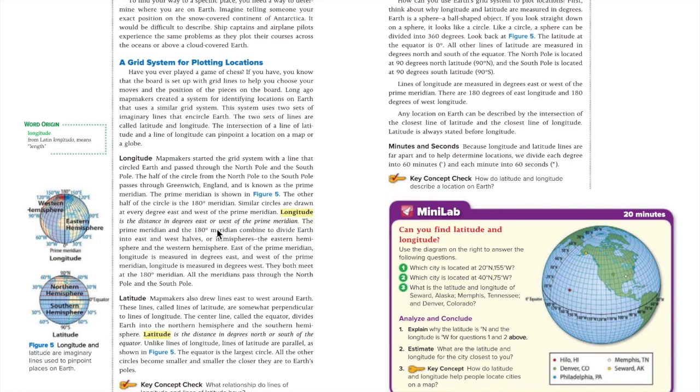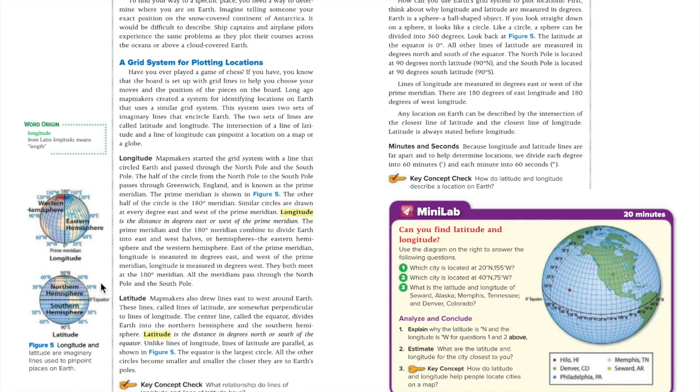Similar circles are drawn at every degree east and west of the prime meridian. So longitude is the distance in degrees east or west of the prime meridian. The prime meridian and the 180-degree meridian combine to divide Earth into east and west halves or hemispheres, the eastern hemisphere and the western hemisphere.